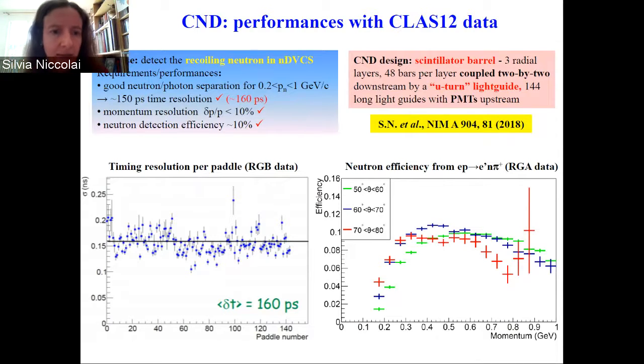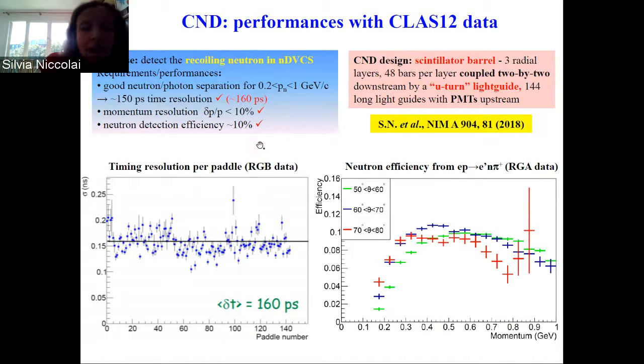So the detector's requirements were to have about 150 picosecond time resolution and less than 10% momentum resolution and a neutron detection efficiency of 10%.